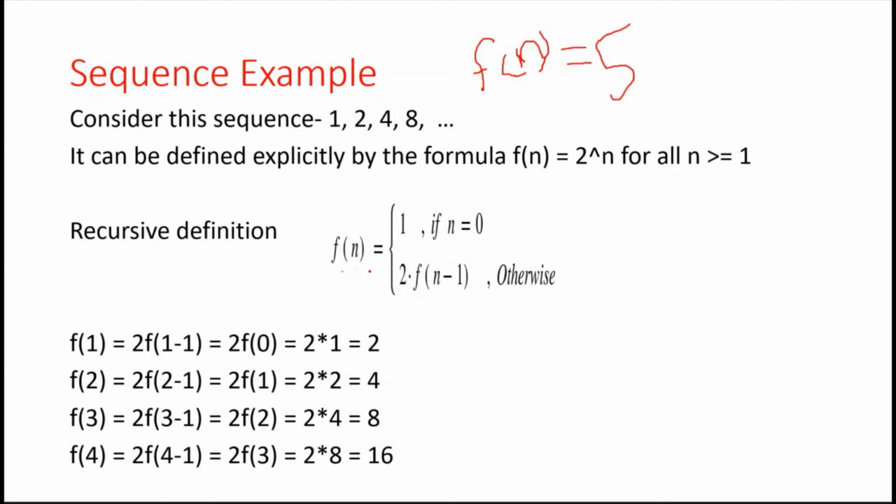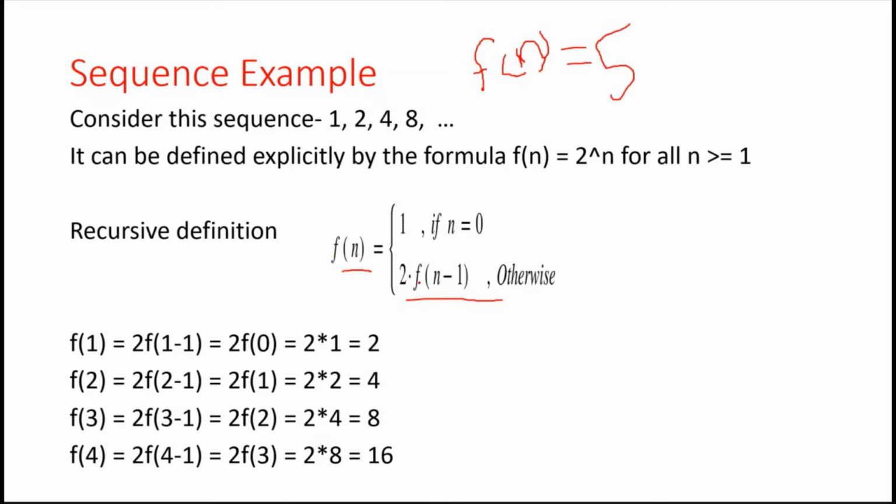We are giving the solution of this f of n in terms of itself, means 2 into f of n minus 1. We have to find another f of n minus 1 in order to find the solution of f of n.